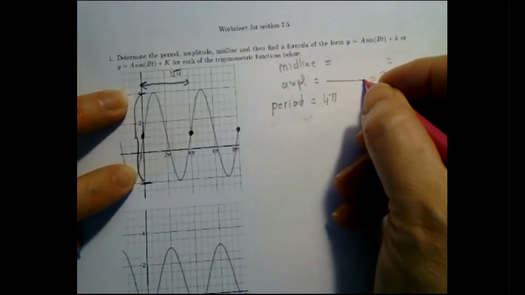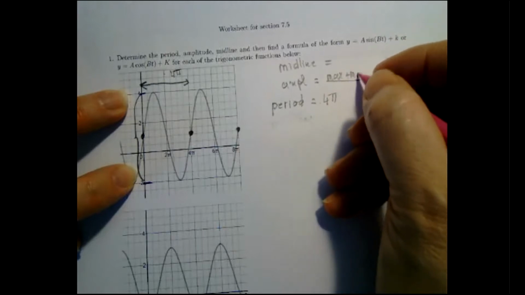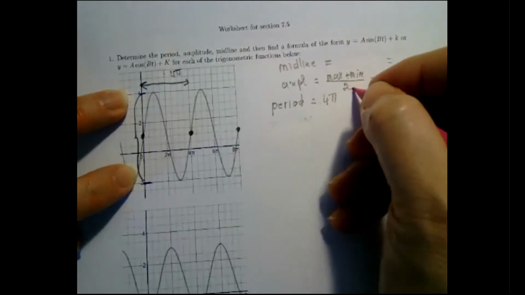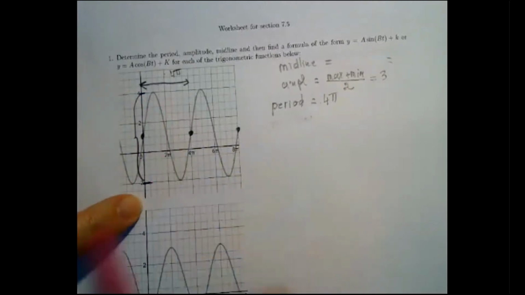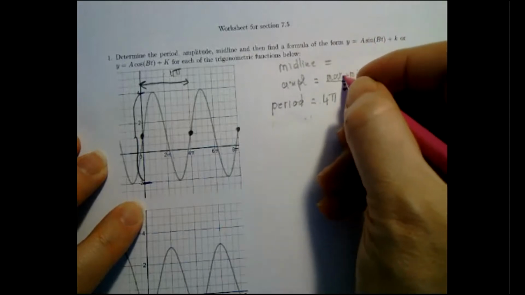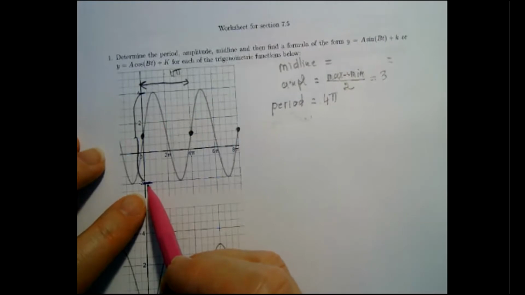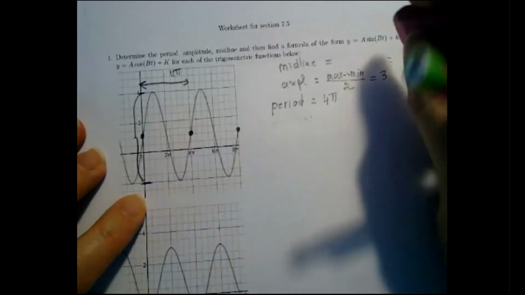So you either look at it or you take the max minus the min divided by 2. It's 4 minus -2, which is going to give me a 6 divided by 2 is a 3.